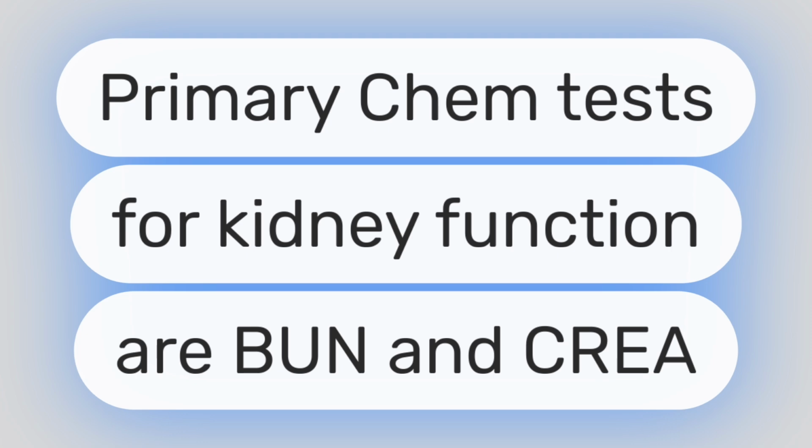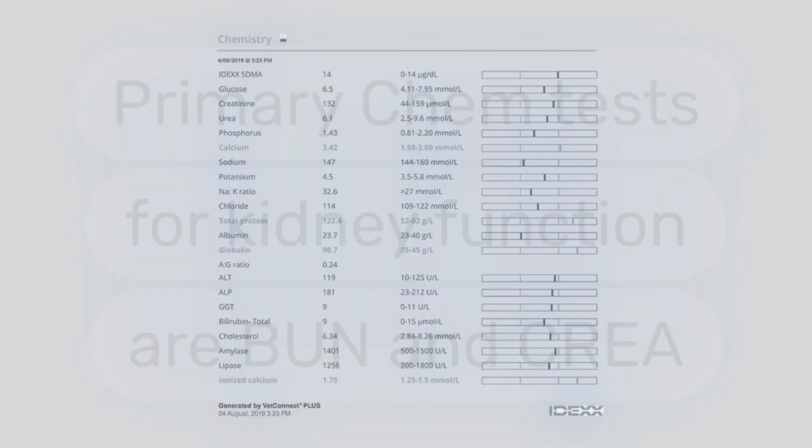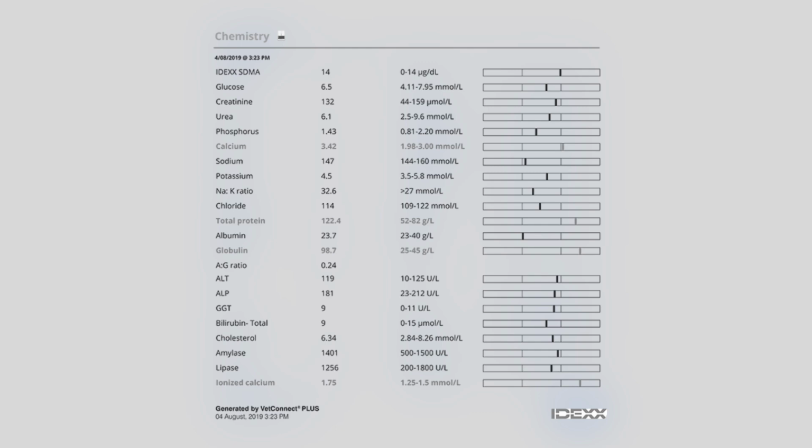Now keep in mind, urea must be excreted in high volumes of water. So if a patient is dehydrated, we would have increased urea retention occurring, which would lead to higher BUN levels.